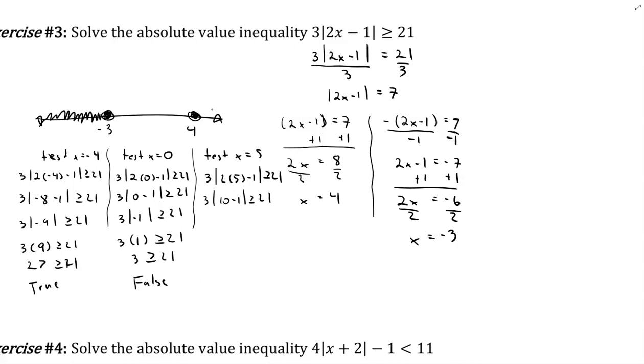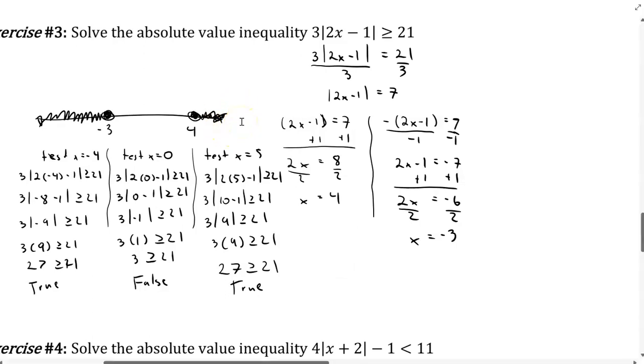And then 10 minus 1 is 9. And then the absolute value of 9 is 9. And then 3 times 9 is 27. Here I have 27 is greater than or equal to 21, which is true. And so we'll shade in this right section.